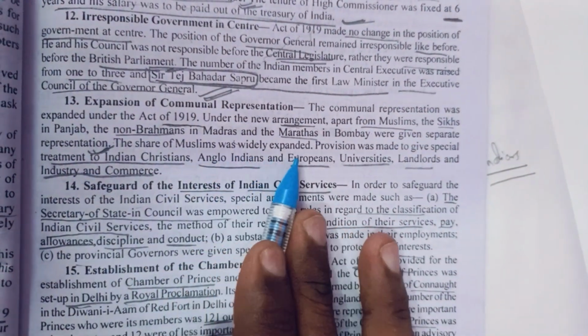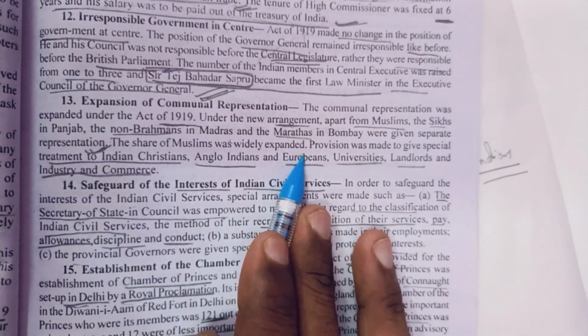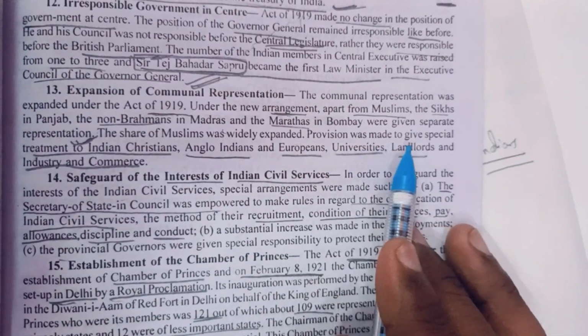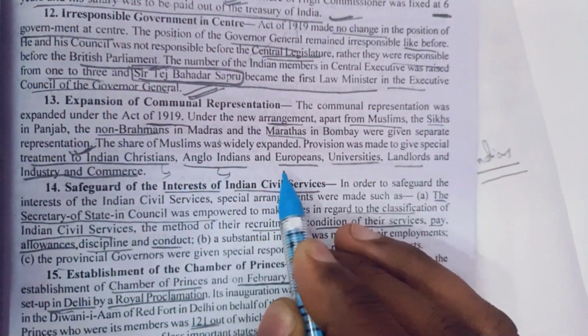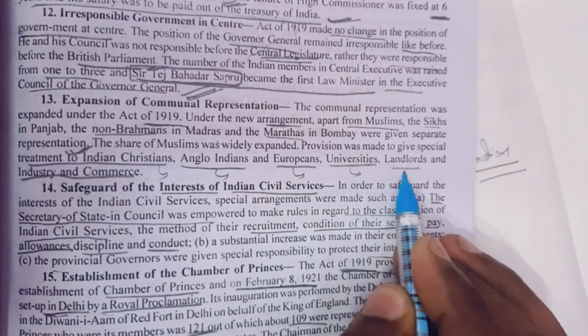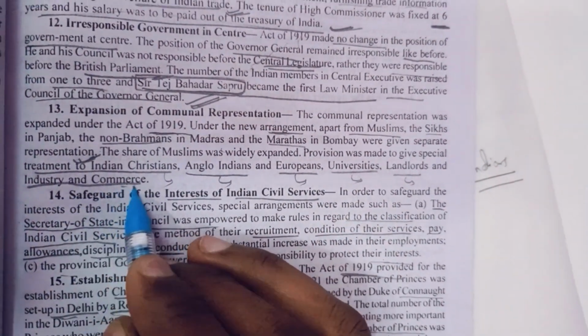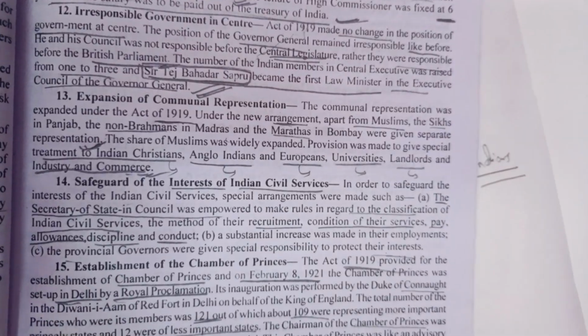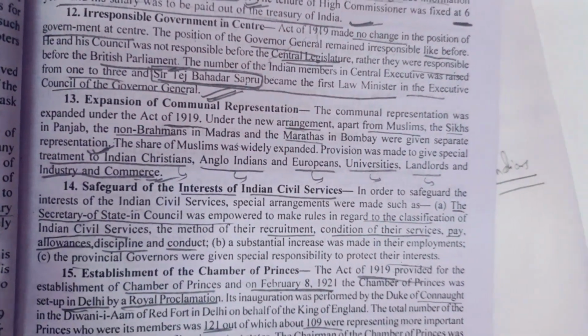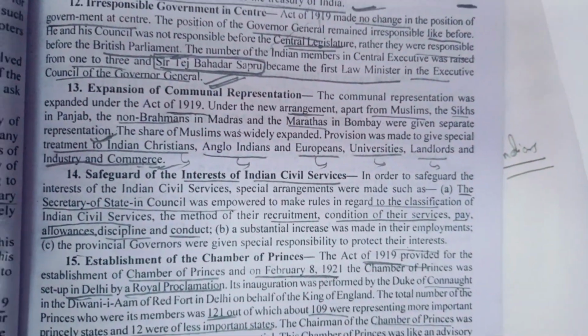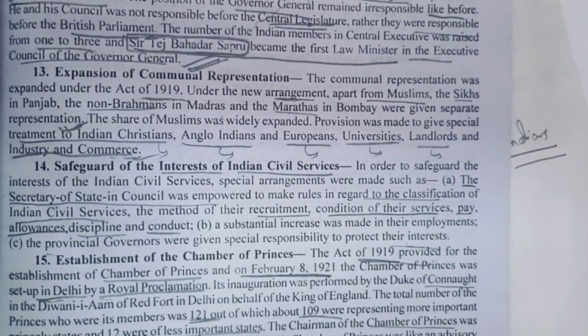The share of Muslims was widely expanded, and the provision was made to give special treatment to Indian Christians, Anglo-Indians, Europeans, universities, landlords, and industry and commerce related members. So one of the provisions was the expansion of communal representation.